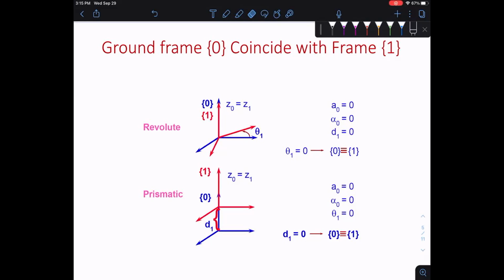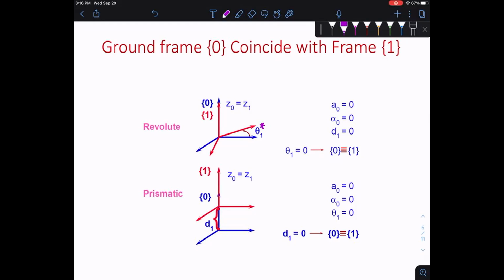Now you see that they coincide, so there is no offset, there's no twist between them. The only thing that changes is your theta. So this is theta at time 0, right? At the beginning of time, these two frames are the same. Once the rotation happens, then you have theta star. This is your theta star, this is the joint variable.